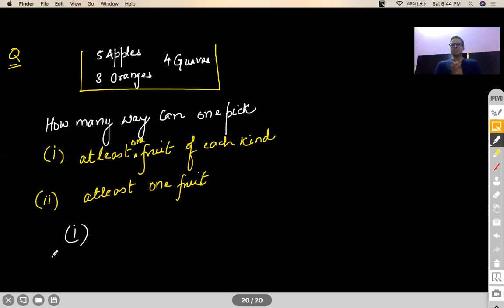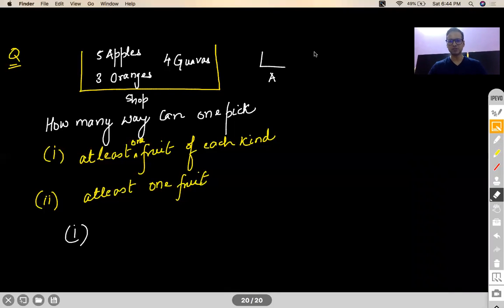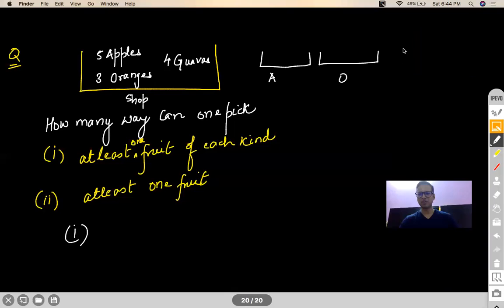Okay. So let us say this is a fruit shop, and you go with 3 containers. One meant for apple. Let me make a bigger one so that we can accommodate a lot of numbers over here. So one meant for apple, one meant for keeping oranges, and one meant for keeping guavas.